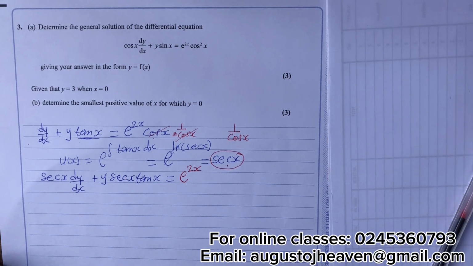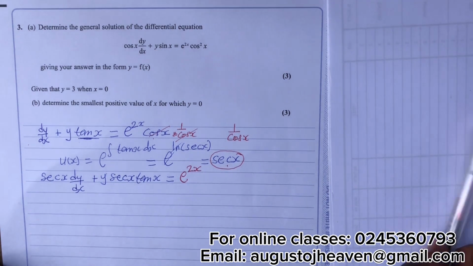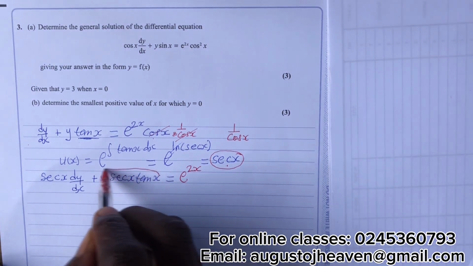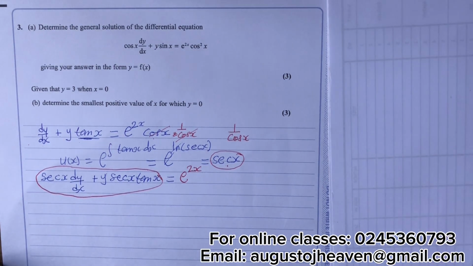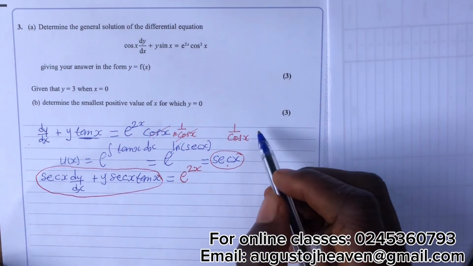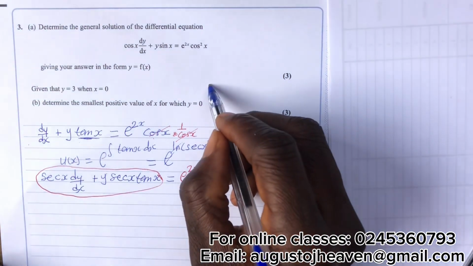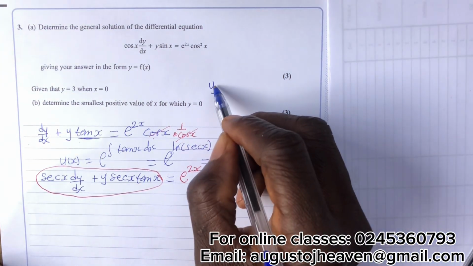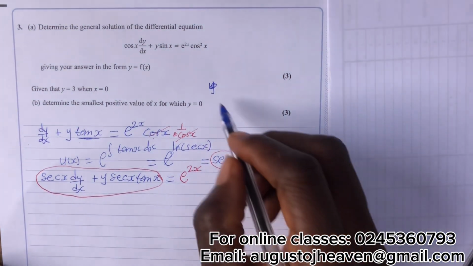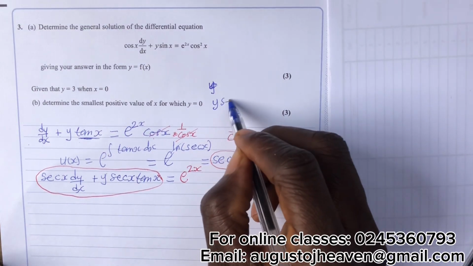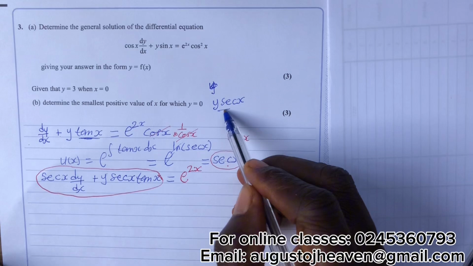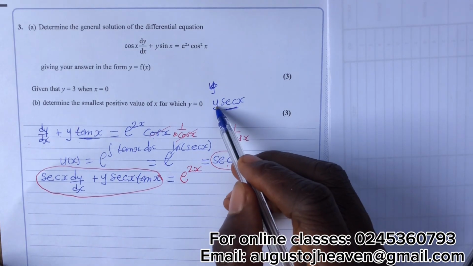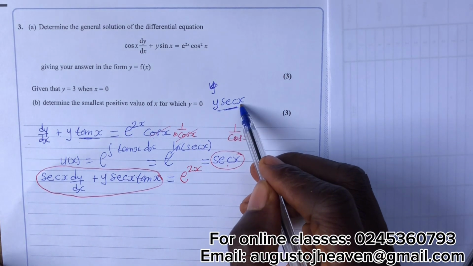Now, what do we do? If we look at the expression here, you see that this expression is nothing but simply the derivative of y times secant of x. You see that if we want to differentiate this, we keep y constant and differentiate secant of x.